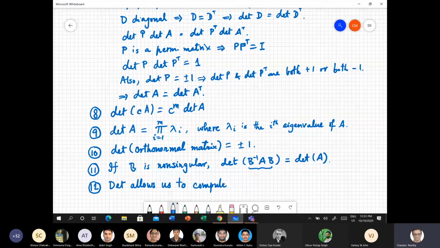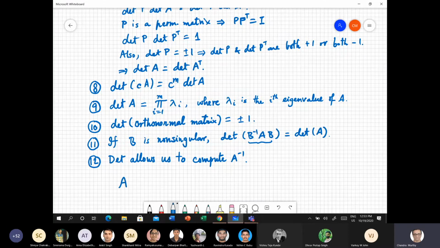So suppose A is a non-singular matrix and suppose we compute this matrix A tilde, which is equal to the adjoint of A, defined to be this matrix containing the cofactors C11, C12 up to C1m, Cm1 up to Cmm, with a transpose. So this is called the adjoint of a matrix A.